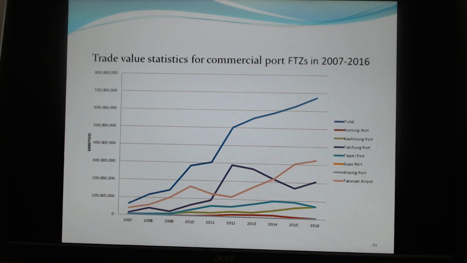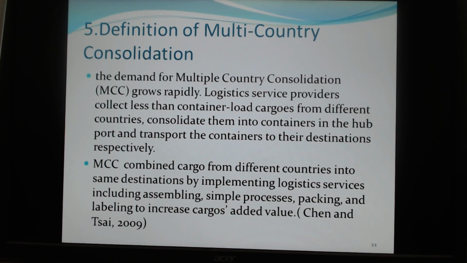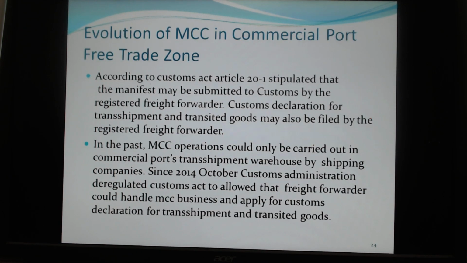This trade barrier statistic is from 2007 to 2016. Multi-country consolidation is another issue for this topic, because we can consolidate products from different countries in Kaohsiung port or Keelung port, then use a logistics center or some warehouse to do some consolidation and re-export to other countries.